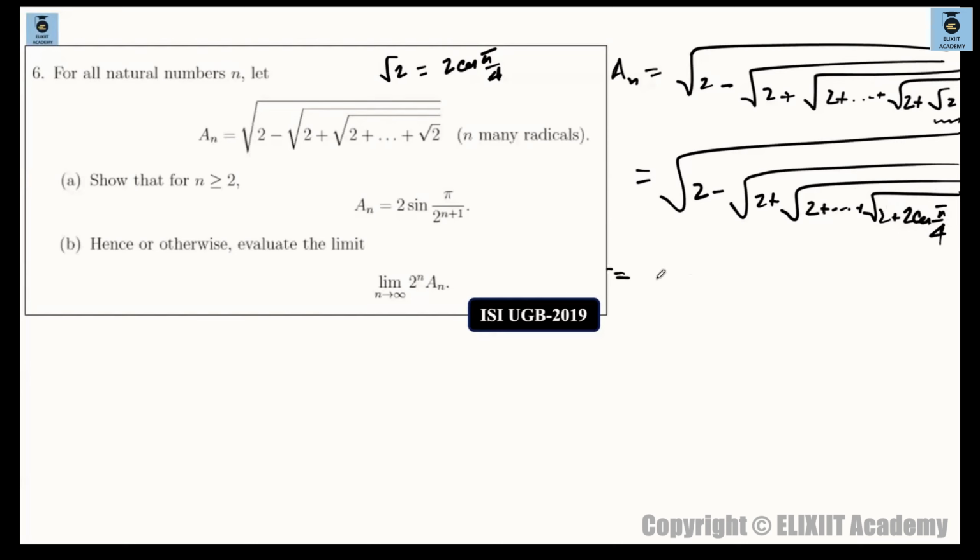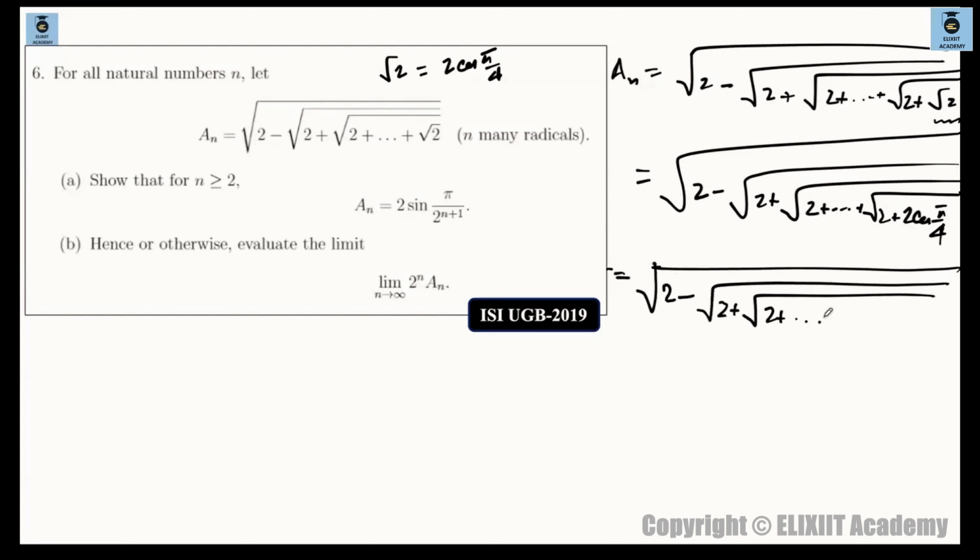So 1 plus cos pi by 4, which means root over of 2 minus root over of 2 plus root over of 2 plus and so on so forth till 2 common, तो 1 plus cos pi by 4 and 1 plus cos theta माने 2 cos square theta by 2. Yes or no? So you will be having 2 cos square theta by 2.